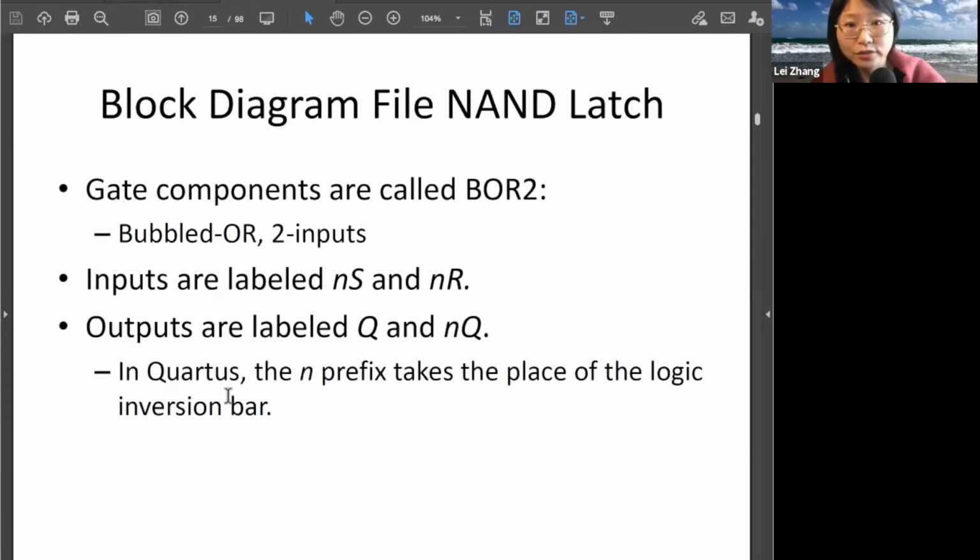In Cortex, so what Cortex is, if you read the textbook, it will give you a lot of examples in Cortex. Cortex is a software package used by a company called Altera. So who's Altera? In our lab, we are using Xilinx.